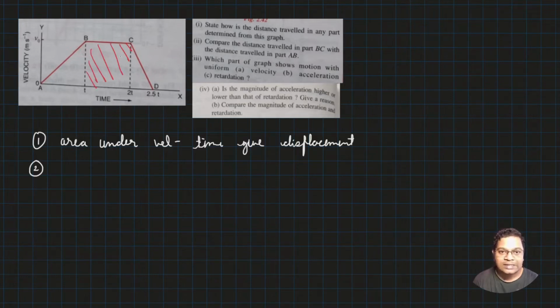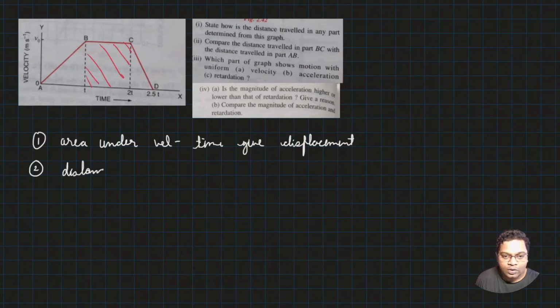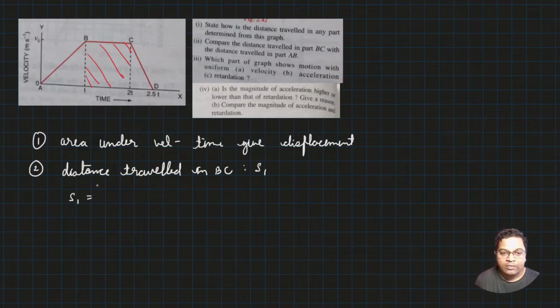You can see that this is the shape of a rectangle. So what will be the area of this shape? Now if you notice, this distance is t and this is 2t. So therefore this distance will be 1t.